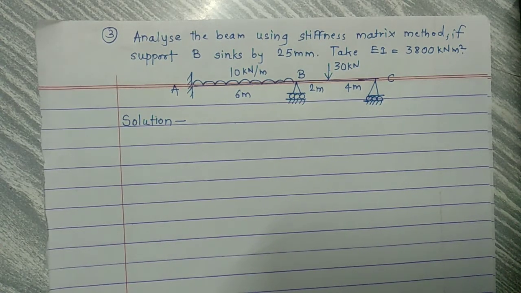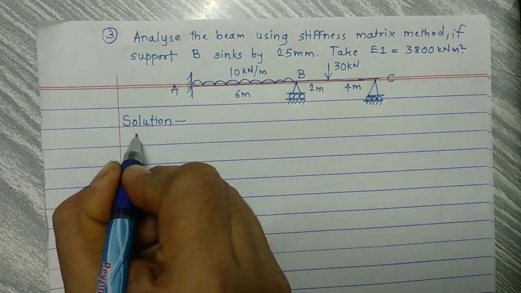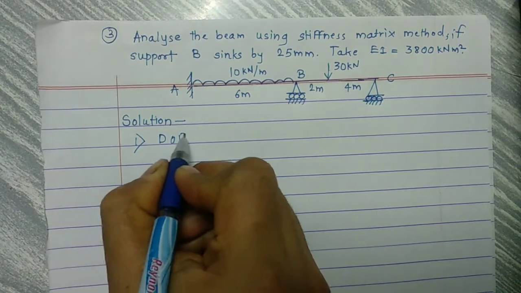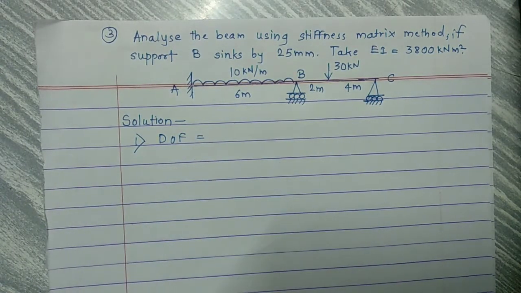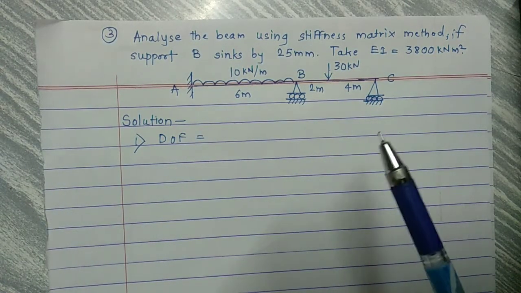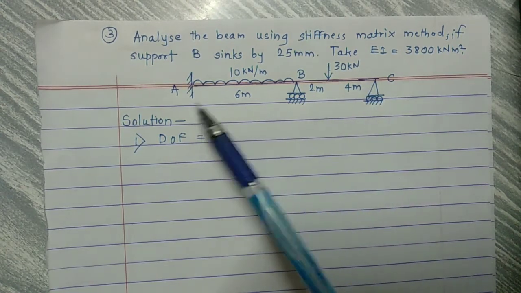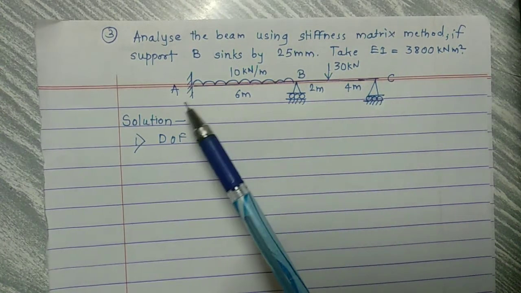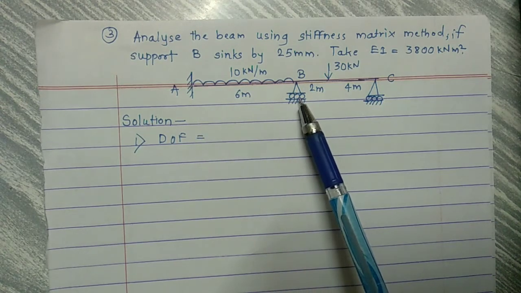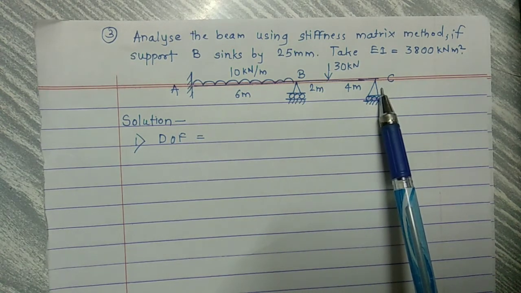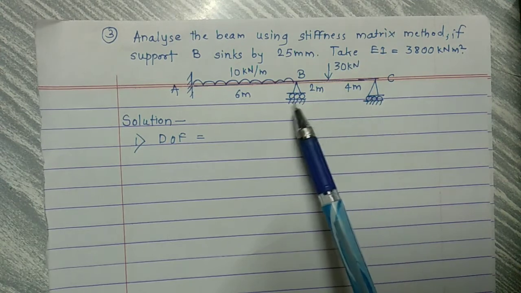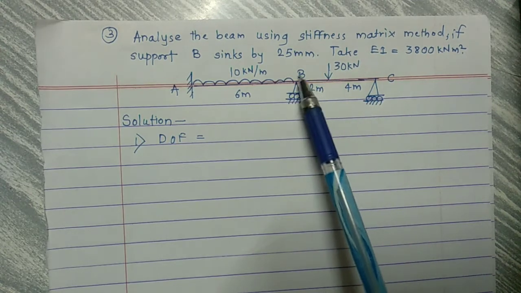So the very first step is to determine the degrees of freedom. As we know from the figure, by looking at the joints, support A is a fixed support, so there are no degrees of freedom, while supports B and C are both roller supports, and we know that at a roller support it can rotate freely.